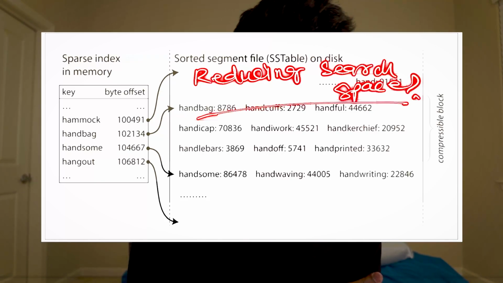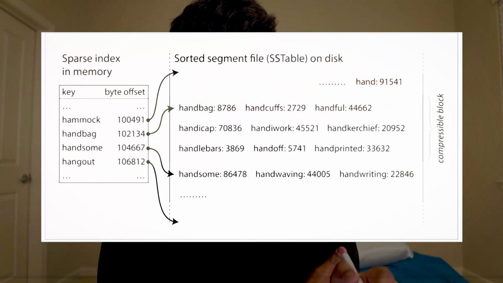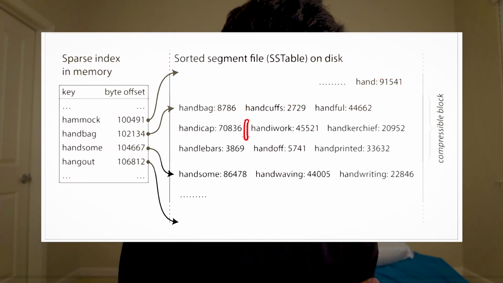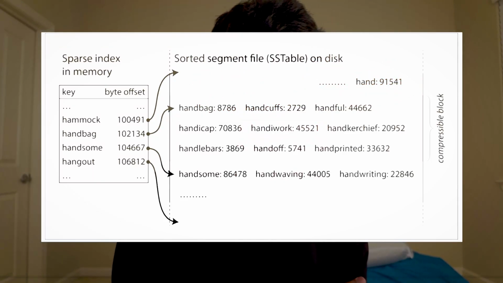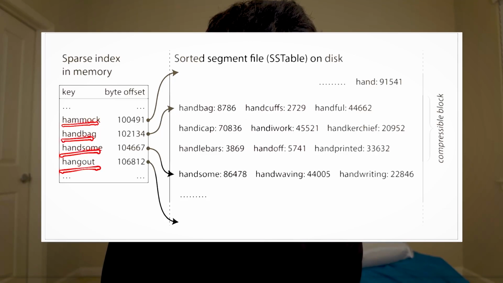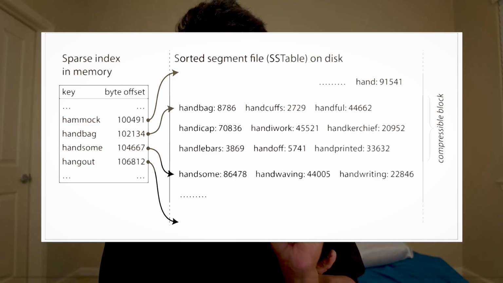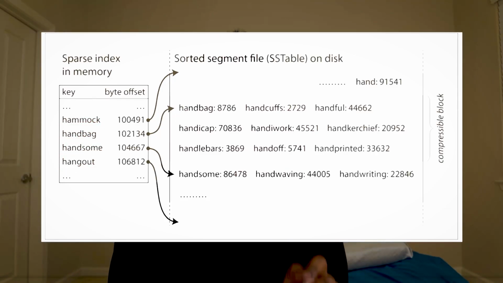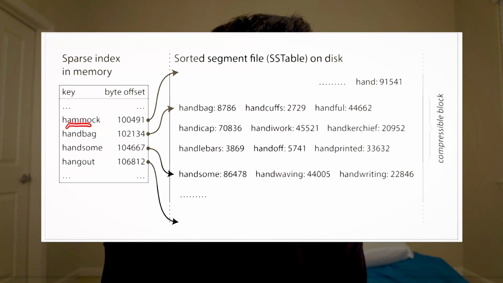How we are reducing our search space: let's say we are looking for handiwork. We have hammock, handbag, handsome, and hangouts. We know that hammock starts at 100491, and handbag starts at 10212134.